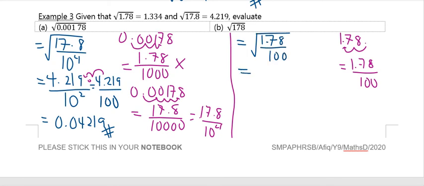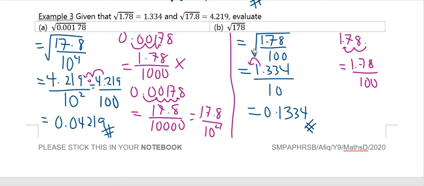So straight away, the square root of 178 is 1.334, and then the square root of 100 is 10. So here you straight away get your answer of 0.1334, right? So that's for square root.